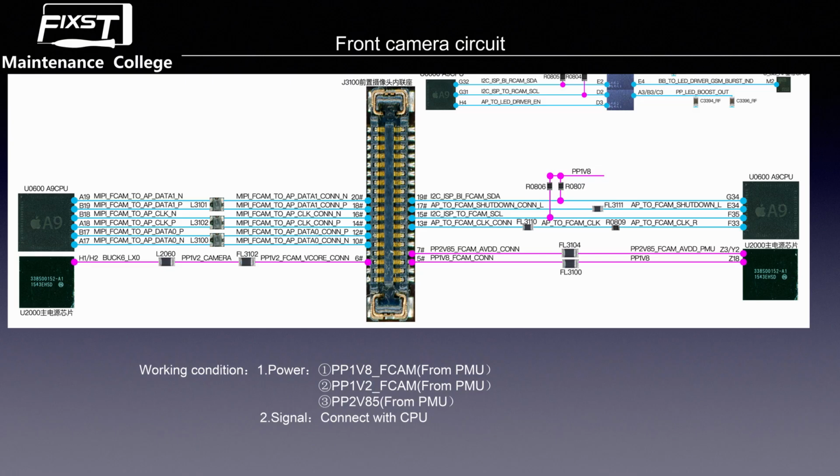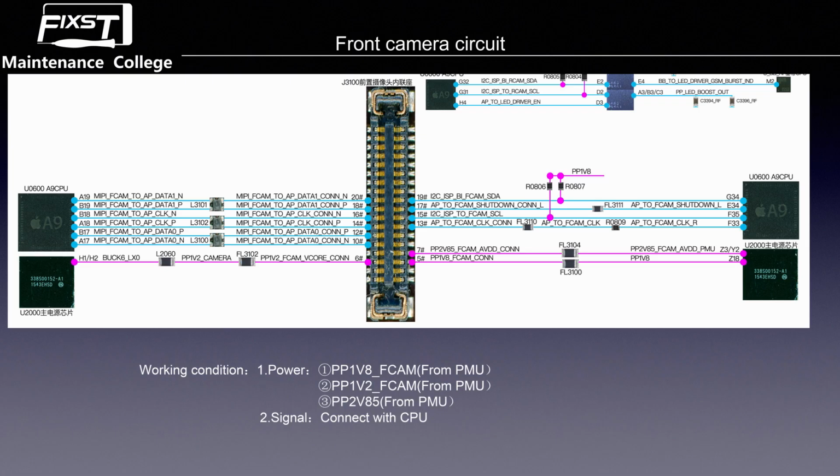At first, we see the left side of the FaceTime camera connector. First, we see pins 16 and 14. The line name is MIPI FCAM to APCLK. MIPI is the MIPI bus, and you can know that it is a video line. And CLK means the clock signal line.